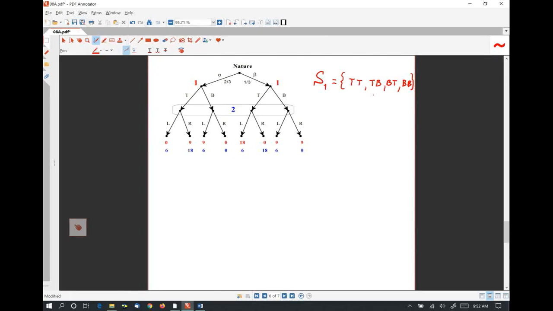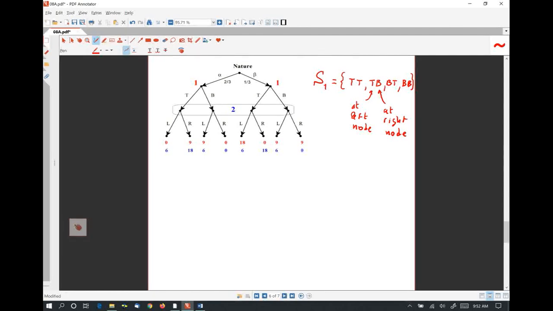Now, if you don't specify anything, then the default interpretation would be, if I look at TB, for example, the T says what player 1 would do at the left node, and B would be what he would do at the right node.